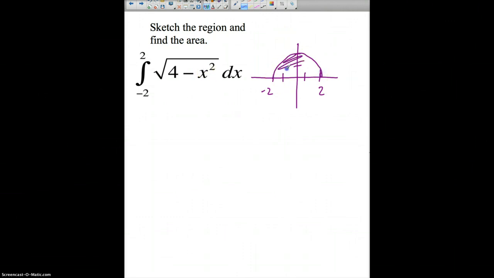So they're asking for the area under the curve down to the x-axis from -2 to 2. So the area geometrically would be pi r squared, but only half of that. And our radius is 2, so we have 2 squared, which is 4. So the area is 2 pi. So this integral would equal 2 pi.